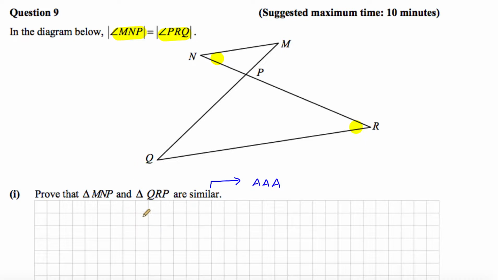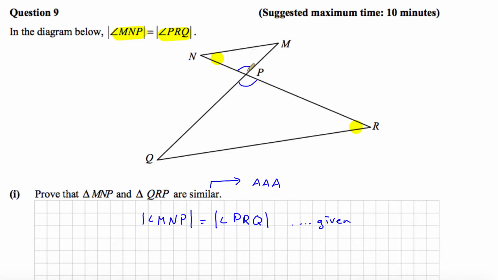We know that, first of all, what we're given, the size of the angle MNP is equal to the size of the angle PRQ. That was given to us. Now, we also know that this angle here and this angle here are equal as well because they're vertically opposite.